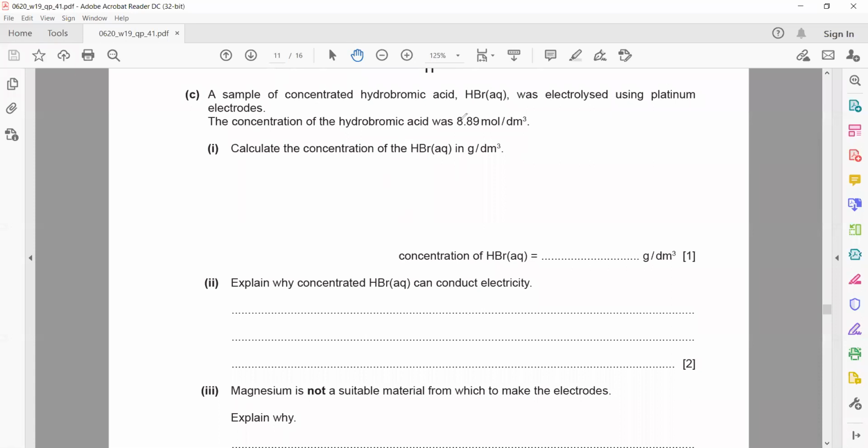So mass in gram will be moles multiplied by molar mass. Moles are given, 8.89, multiplied by the molar mass of HBr: bromine is 80 and hydrogen is 1, so 80 plus 1, 81. When you multiply, what's the answer for concentration? 720 gram per dm cube.